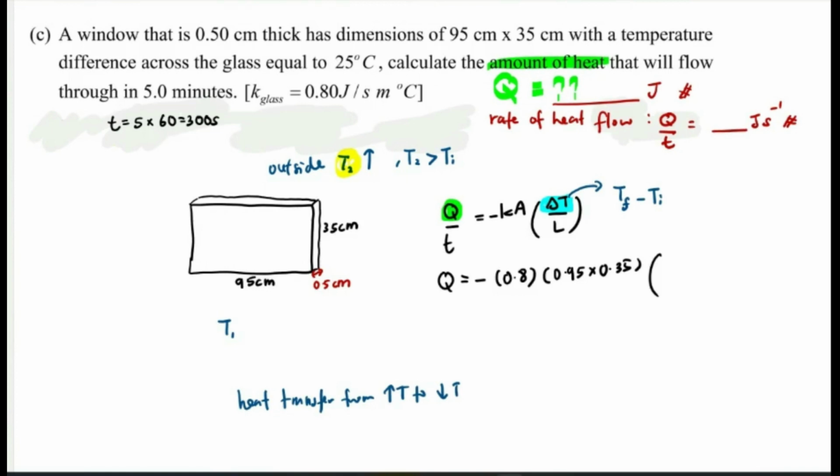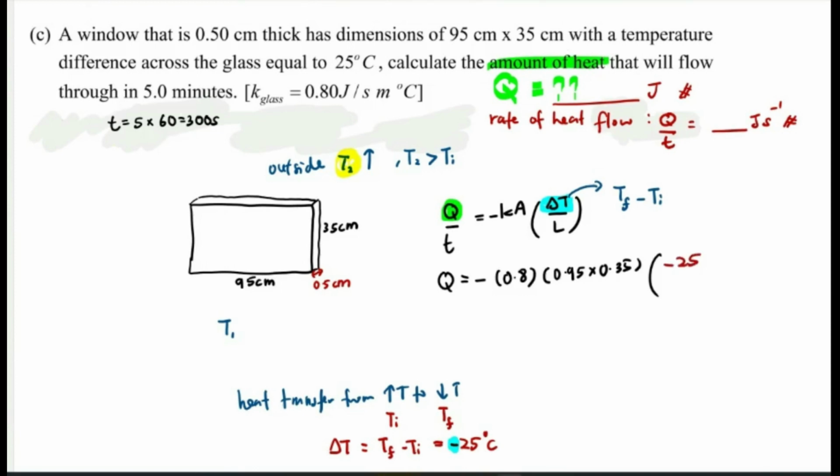Jadi antara T2 dengan T1, kalau lah kita nak tolak higher temperature, dia mestilah T initial. Lower temperature, T final. Jadi kalau delta T final tolak T initial, T final tu suhu dia lagi kecil daripada T initial, kan? So delta T awak mesti dapat negatif. Boleh? Boleh, madam. Ini kena faham. Kalau salah ini, nanti negatif ni jadi positif lah.